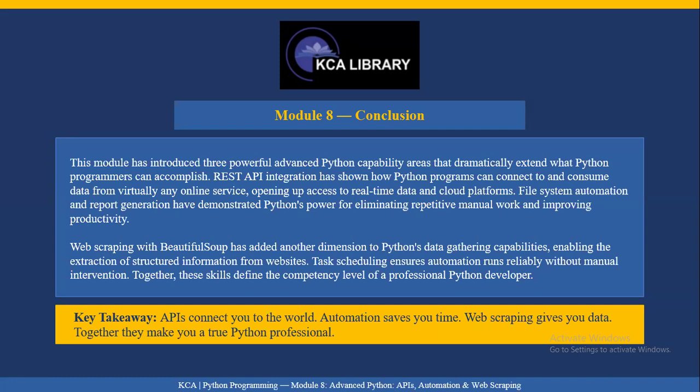Web scraping with Beautiful Soup has added another dimension to Python's data gathering capabilities, enabling extraction of structured information from websites. Task scheduling ensures automation runs reliably without manual intervention. Together, these skills define the competency level of a professional Python developer.